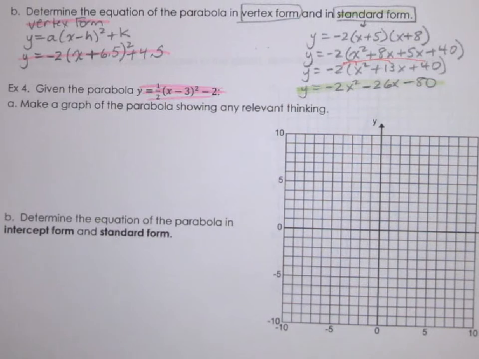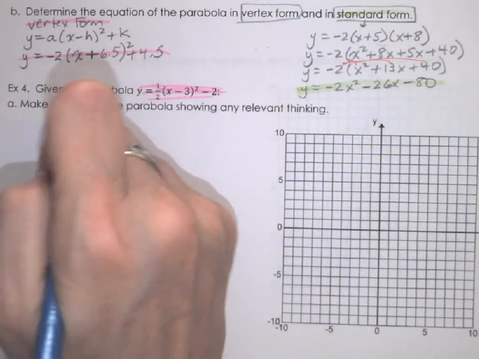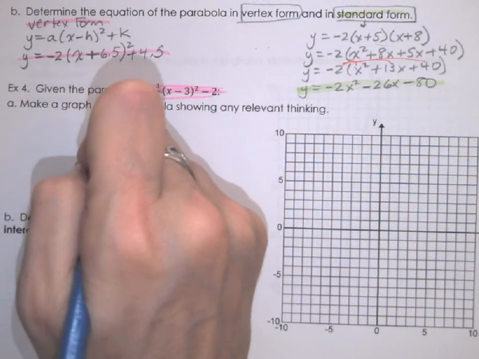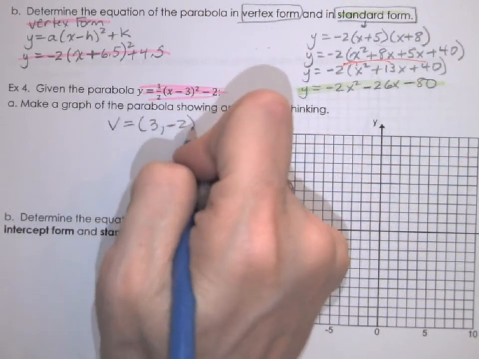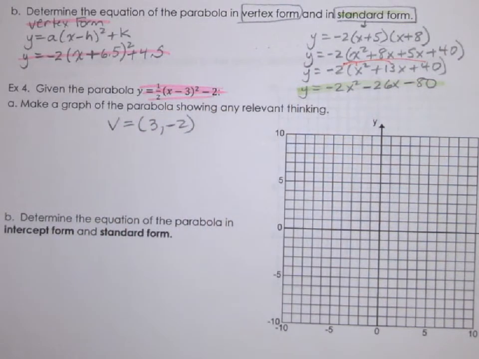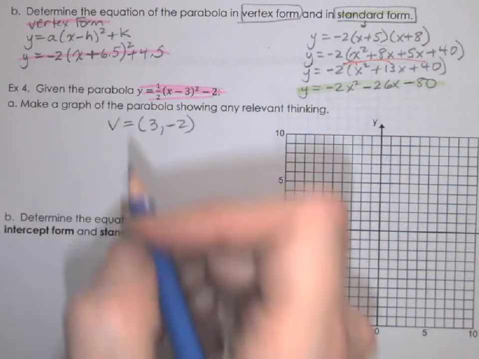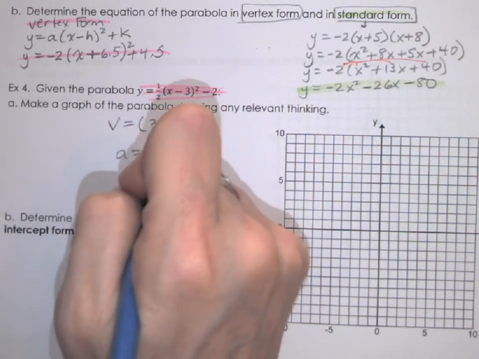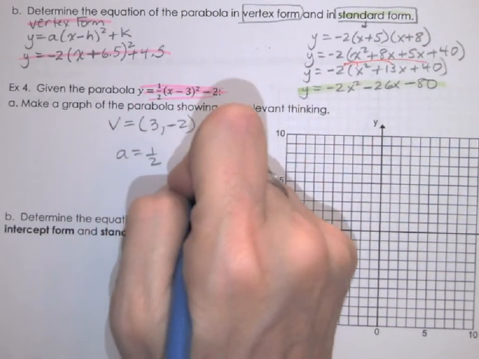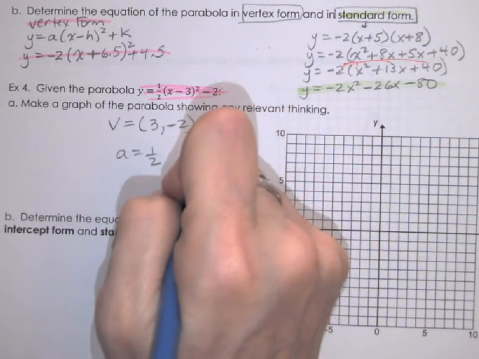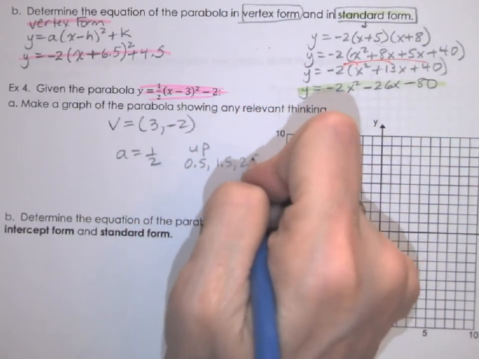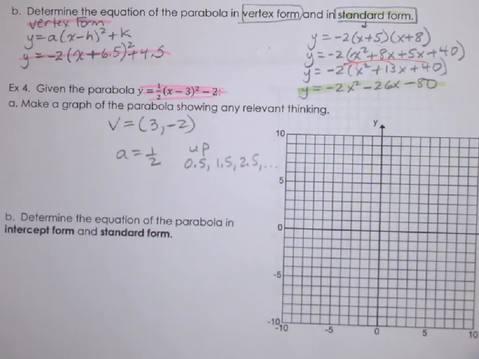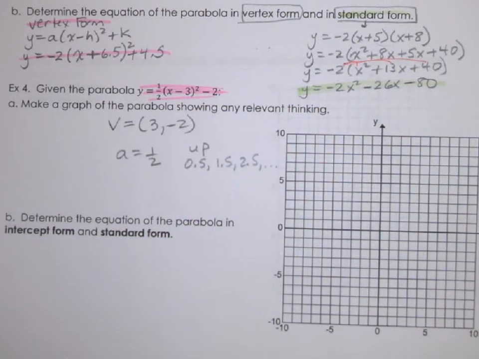So my relevant thinking would be that I can tell the vertex is (h, k), so (3, negative 2), because it's in vertex form. And I also know the step number a is 1/2, and it's positive, so that means my step pattern is going to be up 0.5, 1.5, 2.5, etc. Okay, so that's my relevant thinking. Now I'm going to do it.